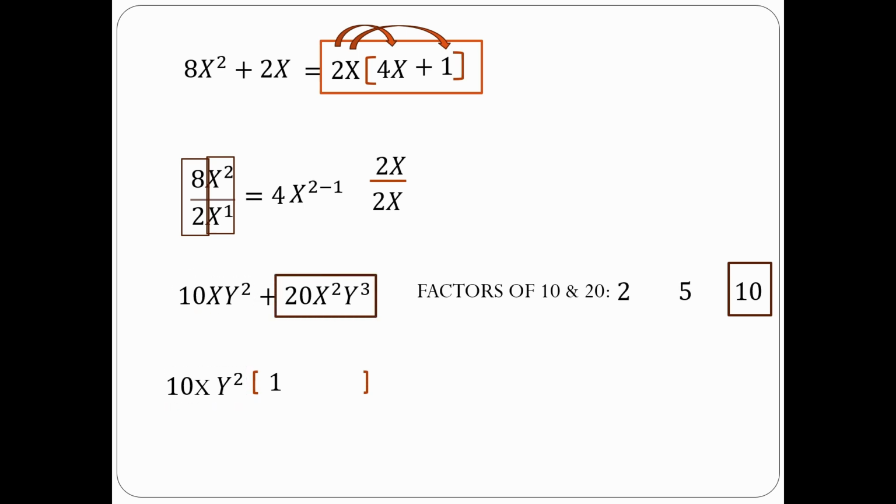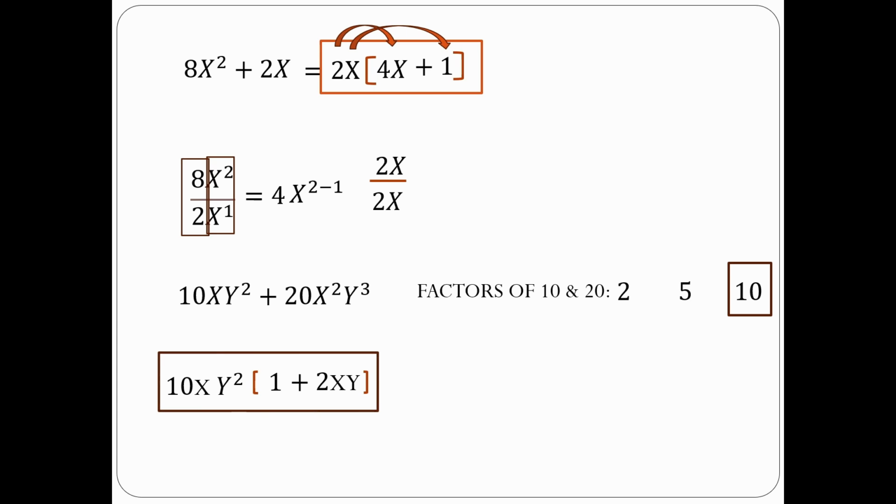Then let's divide this term by the GCF, and it will give us positive 2xy. And this is our answer. So that is how to factor this original expression.